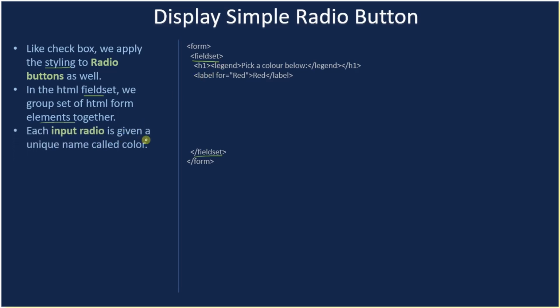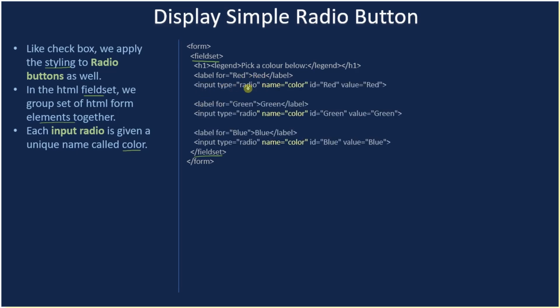Each input radio is given a unique name called color. That means we are going to place the radio buttons inside this fieldset. We have an h1 and a label for red, and these are all inputs of type radio.